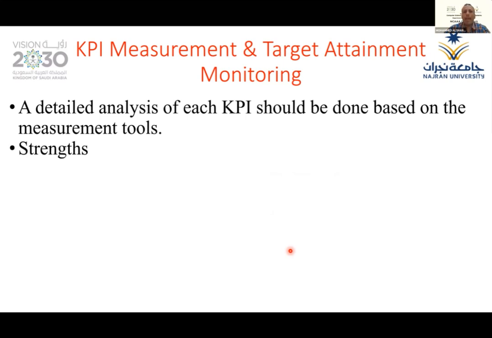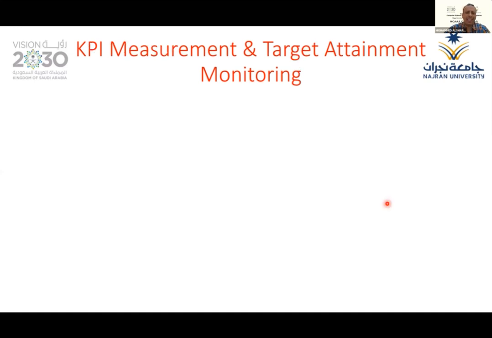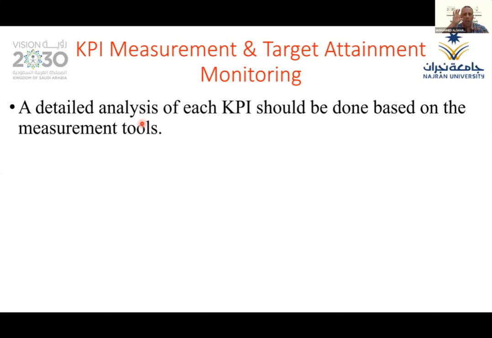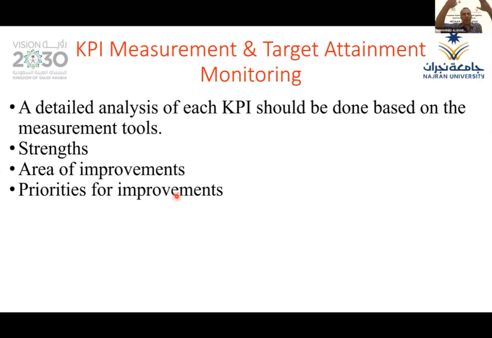Yes, based on these results that we get here, actual, target, internal, external, because here we compare with internal and external, we have to do a detailed analysis. This is the most important thing. We assess the KPI to have analysis. The analysis is to find the strengths, areas of improvement, and priorities for improvement. Finally, we have to find some priorities for improvement that can improve the program.